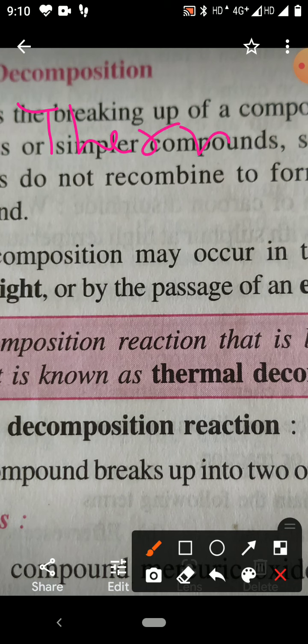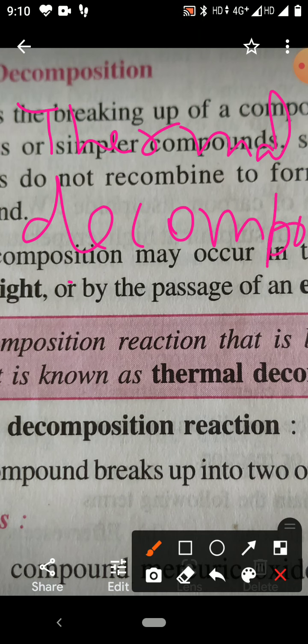In the thermal decomposition, a compound breaks into two or more simpler substances by heating. So when a compound is heated, it is going to break into two or more simpler substances.